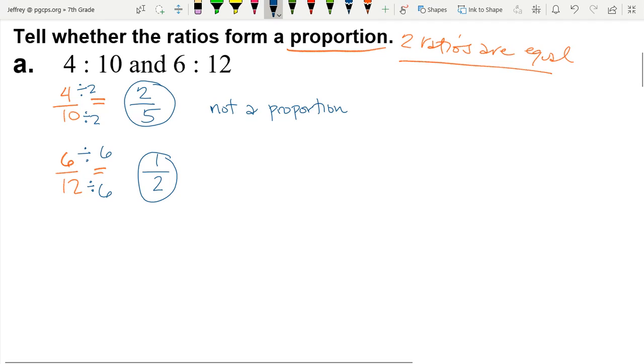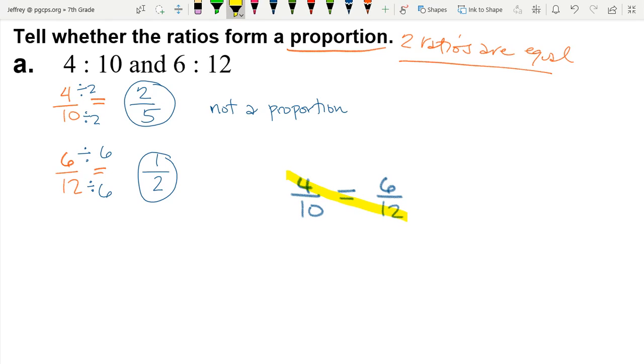Now, what if we use the cross product? So let's try to use the cross product. 4 over 10 is equal to 6 over 12. Remember, a proportion states that two ratios are equal. These are our two ratios. Now, let's do cross multiplying.